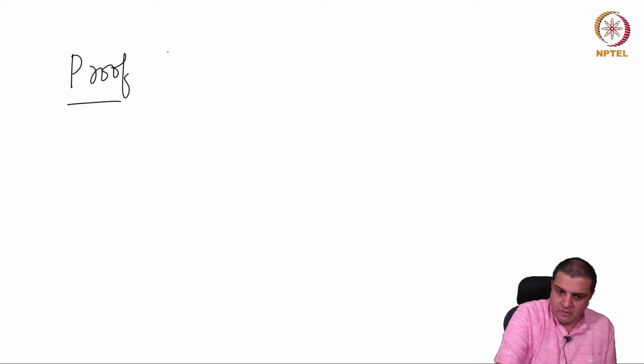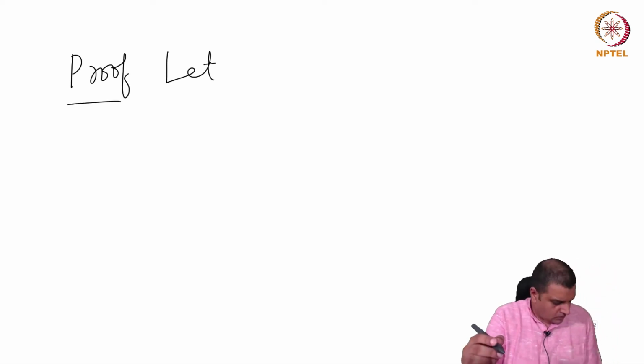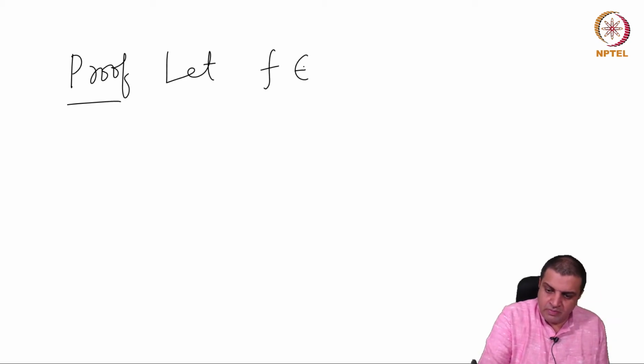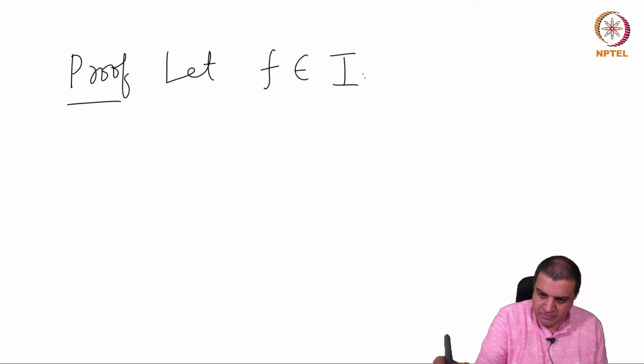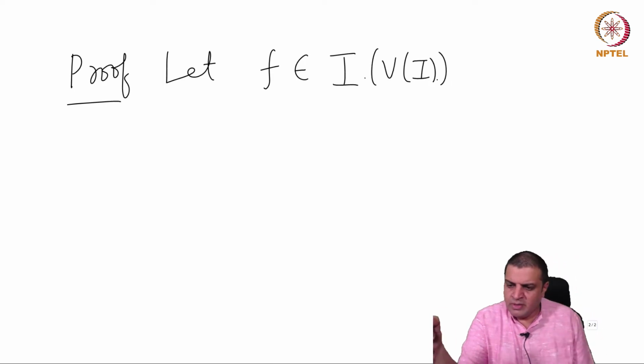So let's begin the proof. Let f be an element of the ideal of the variety of I. So let me just remind you what this is.